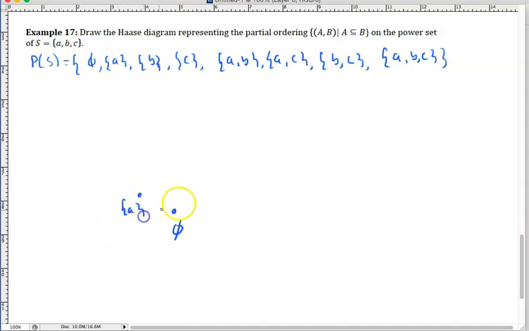Let's have A and B and C. Oops, there you go. And then the double ones a bit higher up. Let's put AB here, AC here, and BC here. And we're going to put ABC on top.